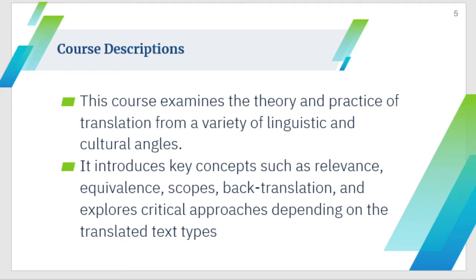So this course examines the theory and practice of translation from a variety of linguistic and cultural angles. It introduces key concepts such as relevance, equivalence, scopes, back translation, and explores critical approaches depending on the translated text types.